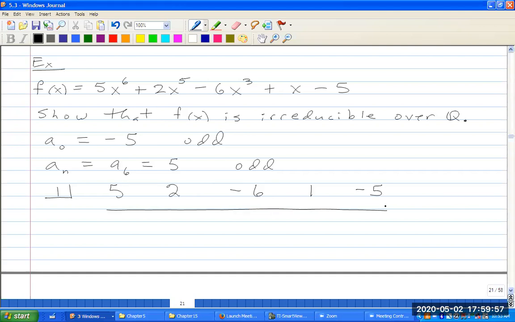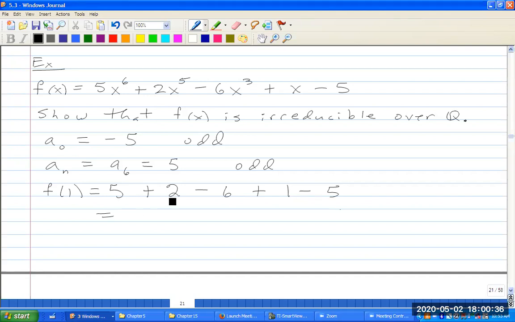So what I really do, and this is usually the way I do it, let's call it F1. I just take the coefficients and add them up. So 5 plus 2 minus 6 plus 1 minus 5. That's the way to determine the value, and so let's see what this is equal to.